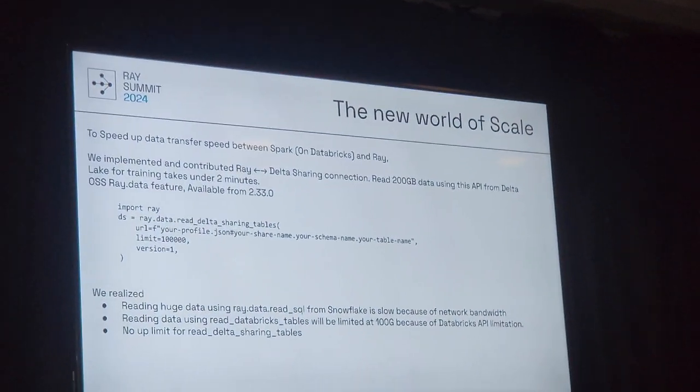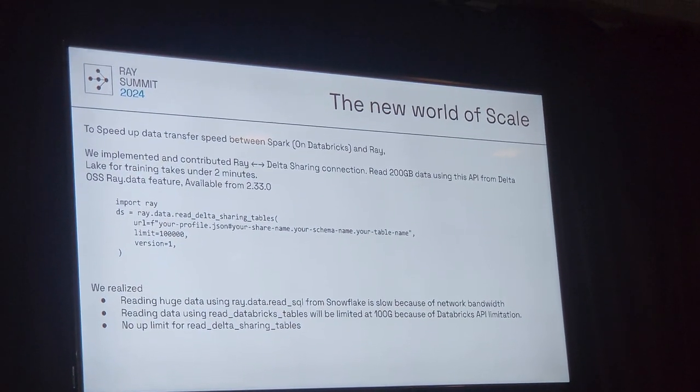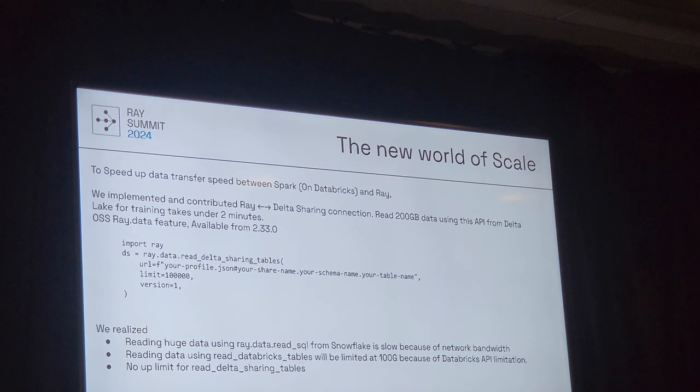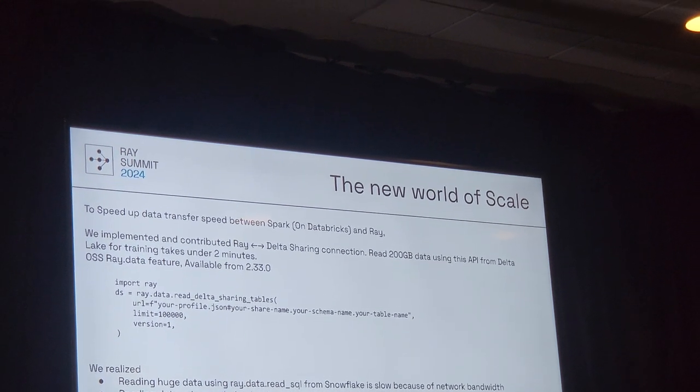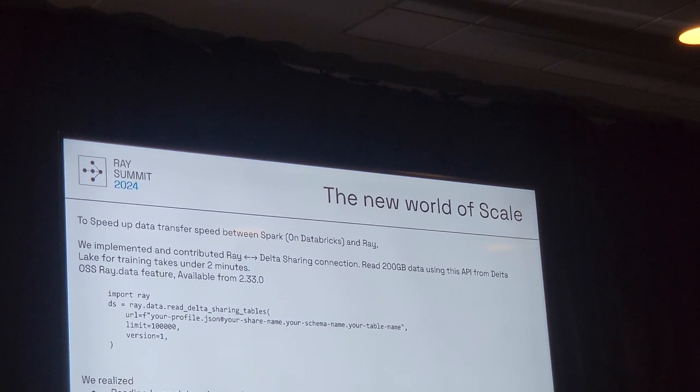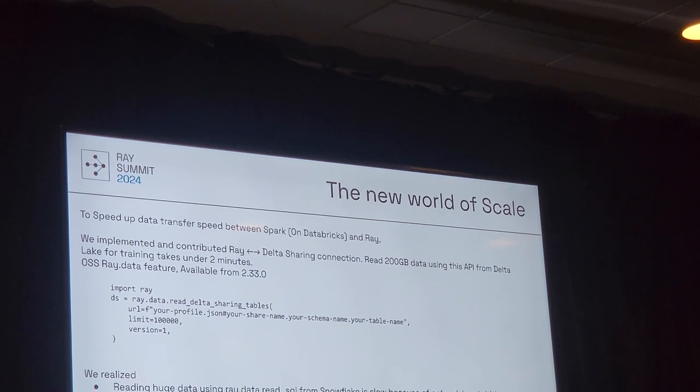Just provide your profile, I think this is called profile in Delta Sharing, and then say how many rows you want. This could be 1 billion rows or whatever. We achieved reading 200 gigabytes of data through the API within 2 minutes.